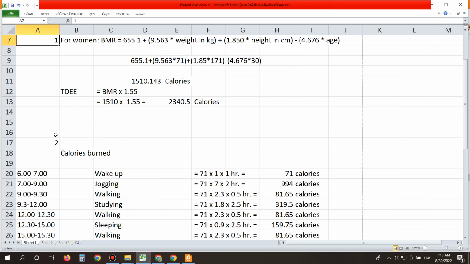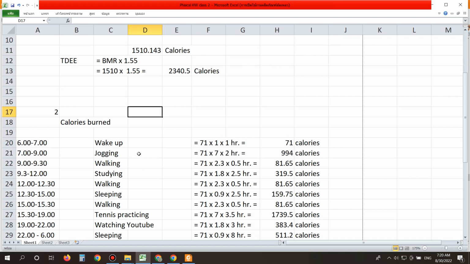Second, you have to calculate your real calorie burn. You must observe your activity per day. What are you doing in every activity this day? You don't need to use the exact activity, sometimes you may forget it.